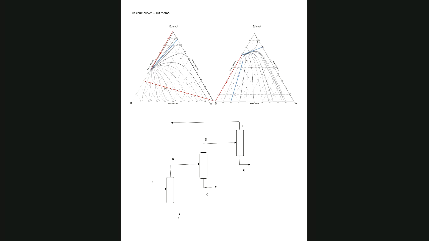It also said 20% ethanol. Ethanol is over here. We go down to 0.2, and we don't want to look at this line because that moves further and further away from ethanol, whereas this dotted line is always equidistant from ethanol.